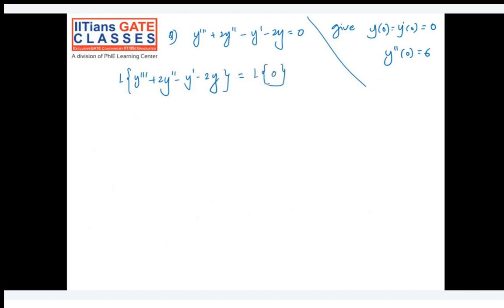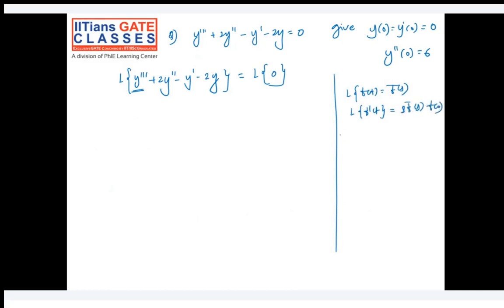What is the Laplace transform of y triple dash? If you remember the formulas, the Laplace transform of f of t is f bar of s. The Laplace transform of f dash of t is s f bar of s minus f of 0. The Laplace transform of f double dash of t is s square f bar of s minus s f of 0 minus f dash of 0.